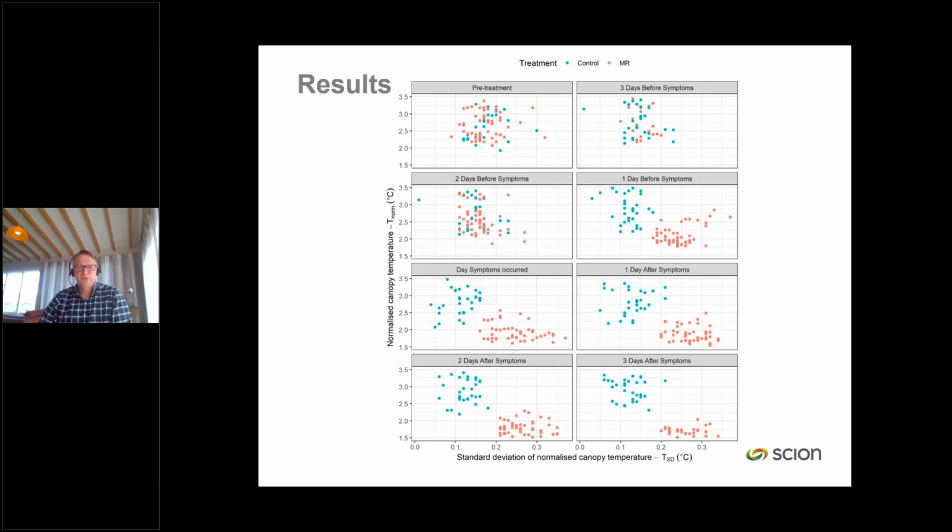But even at 1 day before symptoms, you can see just by eye that it's possible to completely separate out these two treatments. And this occurs because the temperature in the Myrtle Rust plants' canopy is becoming a lot cooler and more variable than the control.